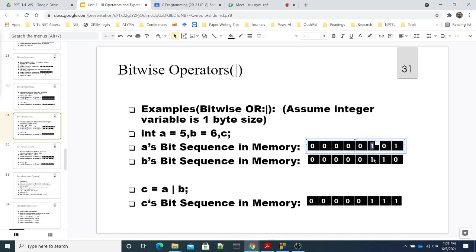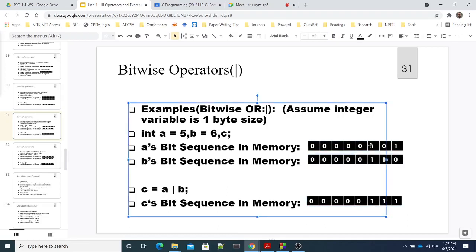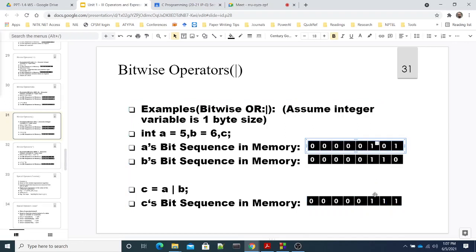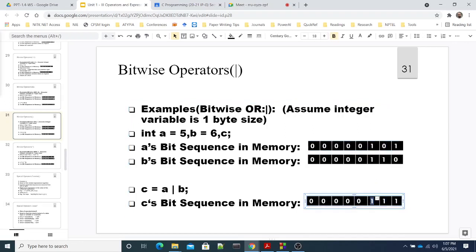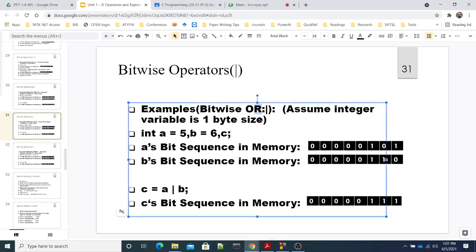If both inputs are 1, in exclusive OR you will get 0 as the output. In normal OR operation you will get 1 as the output. This is the only difference between bitwise exclusive OR and a normal OR operation.